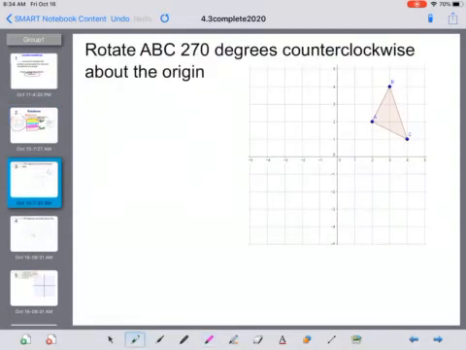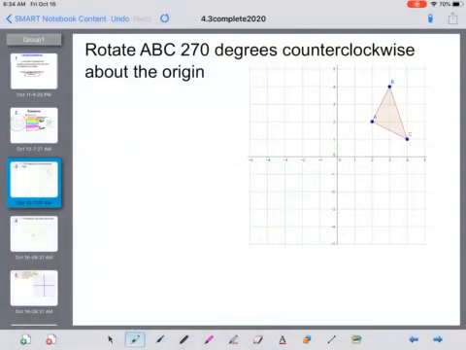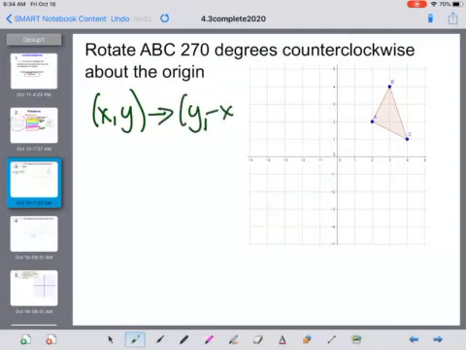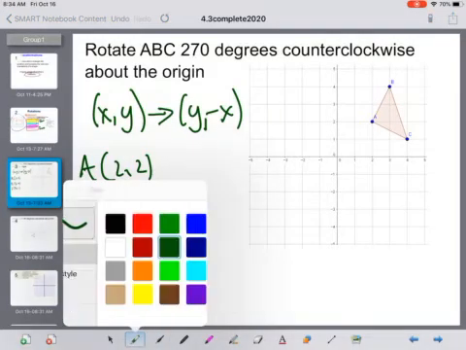So an example here, if we are doing 270 degrees counterclockwise, I like to remind myself every time that we are talking about the original ordered pair x comma y, and then how does that change? We're going to make those ordered pairs y comma negative x. So we look at our original ordered pairs of 2, 2, 3, 4, and 4, 1. And how does that change to our new ordered pairs?